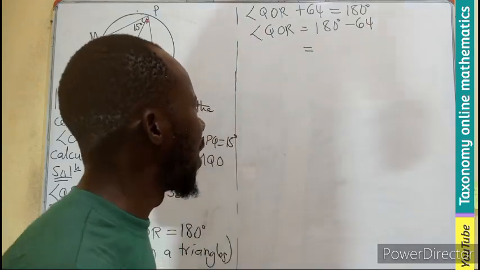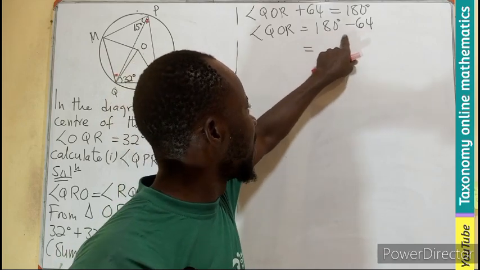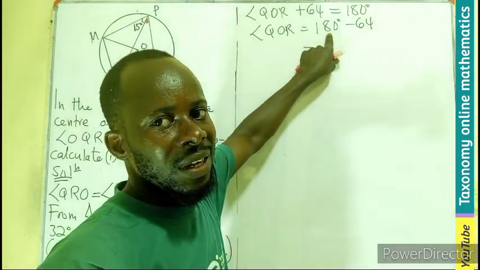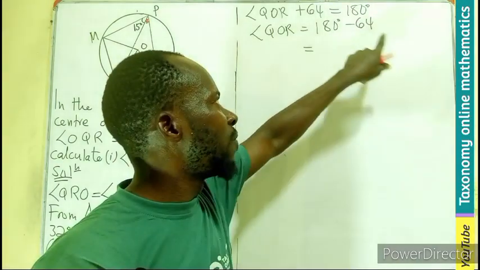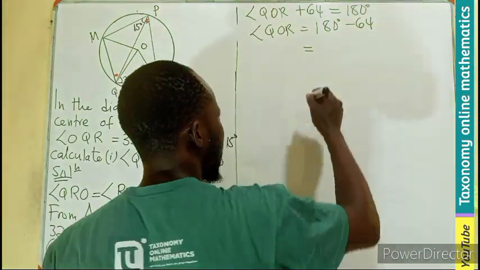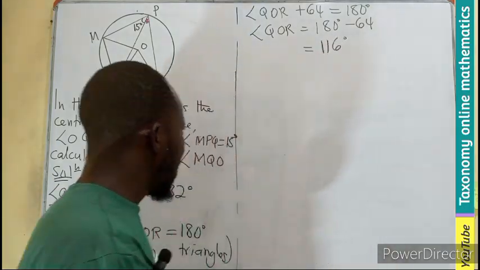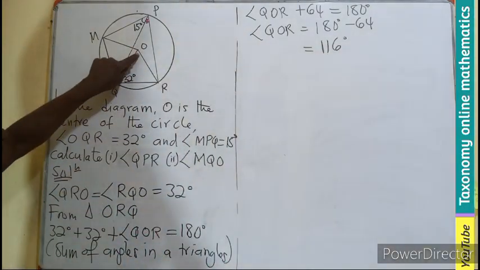And what can we get from here? If I take away 60, I'll be left with 120. So we take away 4 from that. We are going to have 116. So 116 degrees is the angle here.